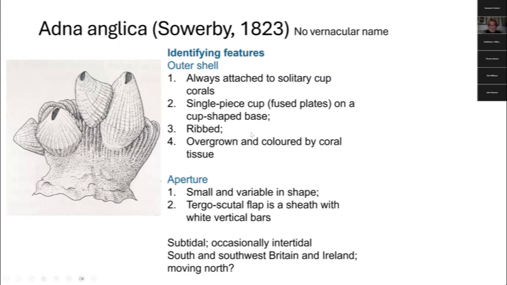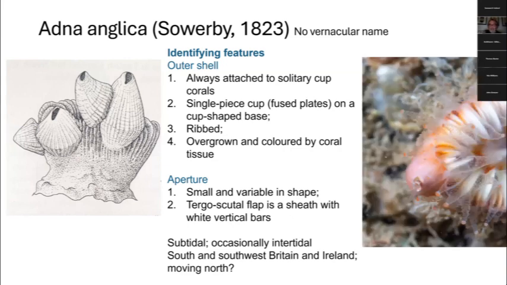And what happens is it's overgrown and colored by coral tissue. So they're often suffused with pink, or they look pink. That's really the tissue of the coral coming through when the coral's out. It's covering over the barnacle completely, except for the opening.